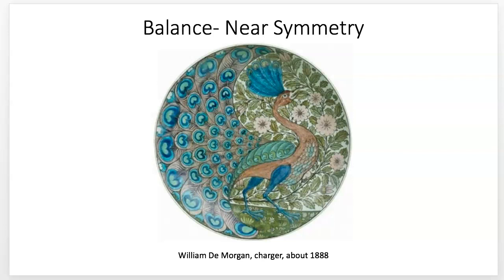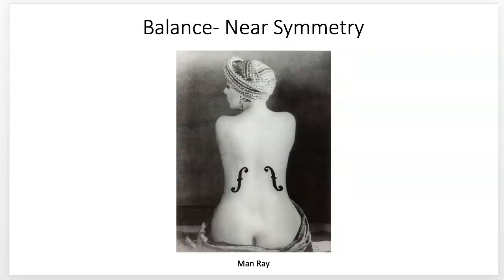There's another type of symmetry called near symmetry, also called approximate symmetry. It's when the design gives the appearance of symmetry, but the actual parts depart a little bit, not dead on the same. This is a great example.